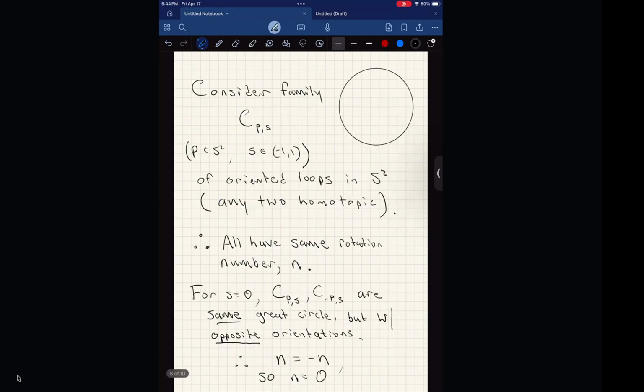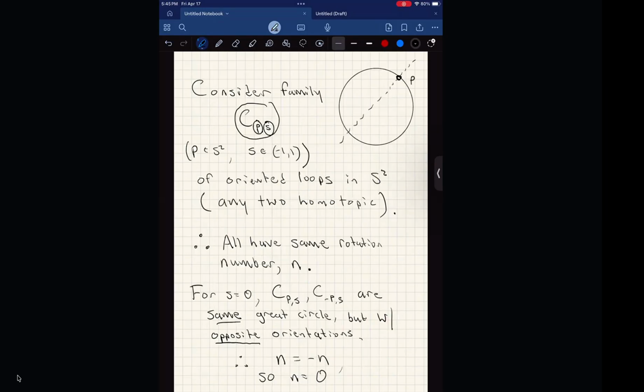And now I'm going to try to articulate that family of curves that I was talking about before. I have a two-parameter family of curves that I'm going to call CPS. What is P? P is a point on the two-sphere, and I think of it as determining an axis.